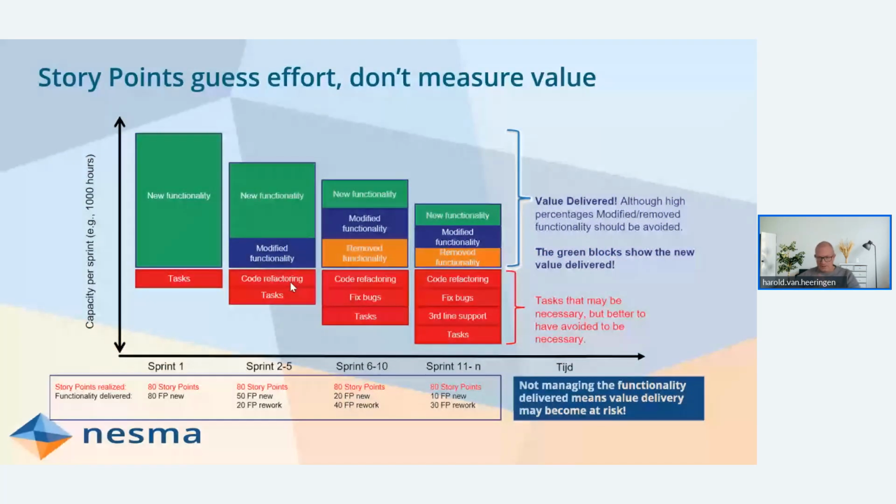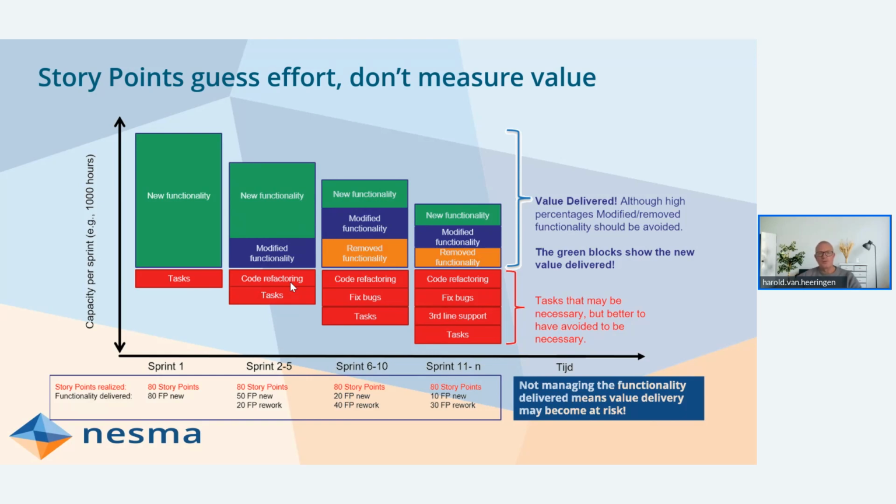So here on the y-axis, you see the sprint capacity. Let's say this is one team working on one product, and they have a certain amount of hours they spend, let's say 1,000 hours here. In sprint 1, they can really focus on new functionality, and you always have some tasks. And already in sprint 2, the product owner will say, okay, I want to change a bit of the functionality you already made.